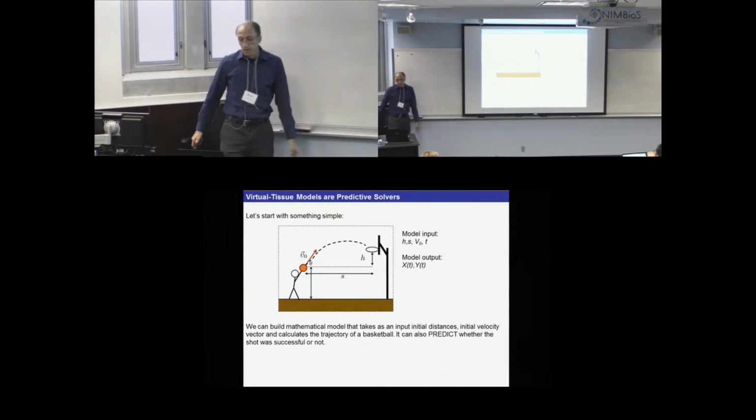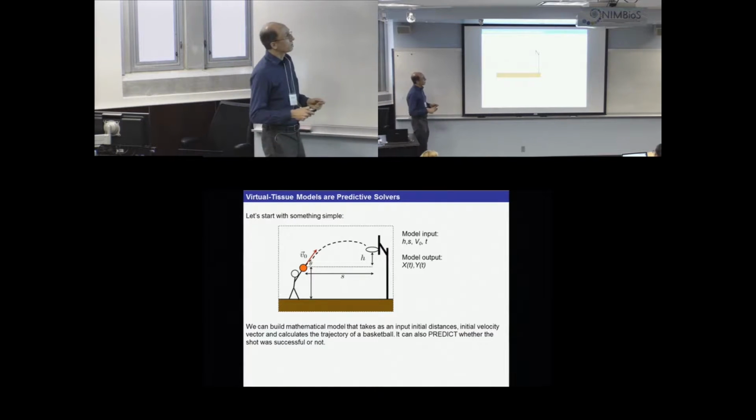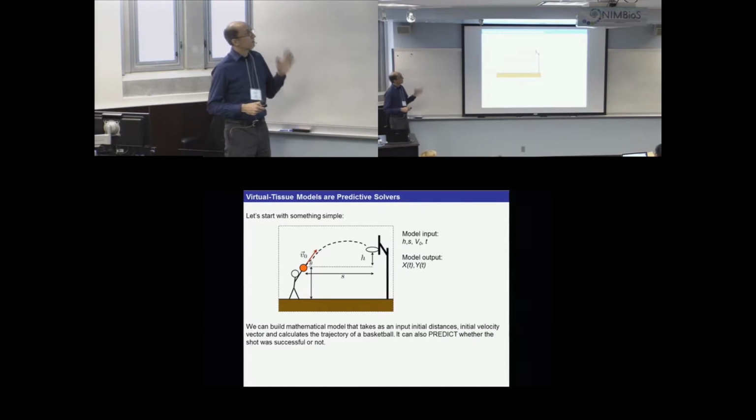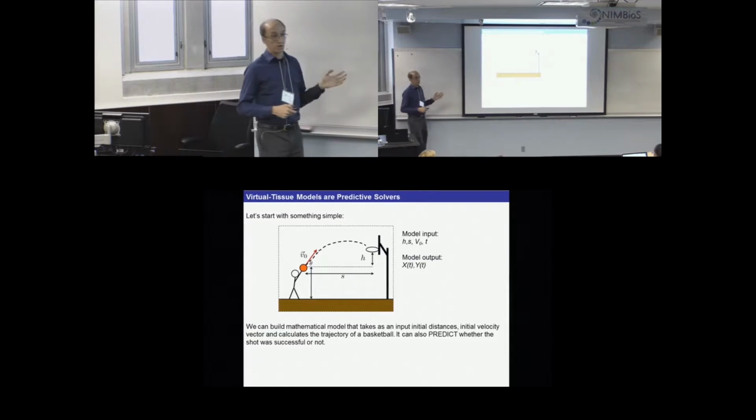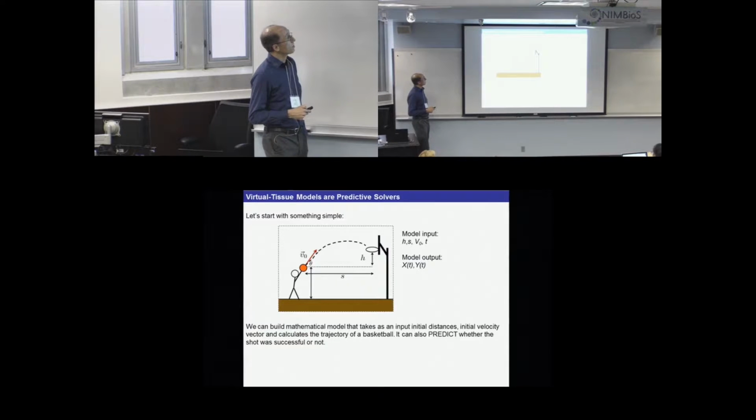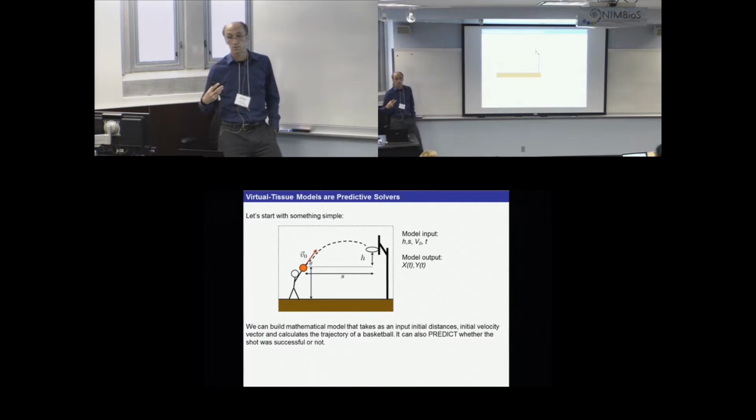So this is a simple cartoon which probably summarizes the mathematical complexity of multicell modeling very well. So we have a basketball player, okay, and we can easily build a model which takes as input parameters the velocity vector, various distances, and as an output, it calculates the trajectory of the basketball as a function of time. Okay, and this model can be used to predict whether the shot was successful or not. Right.